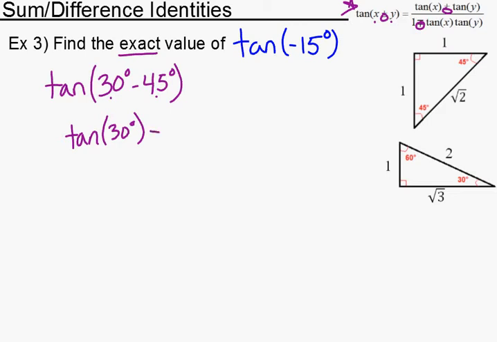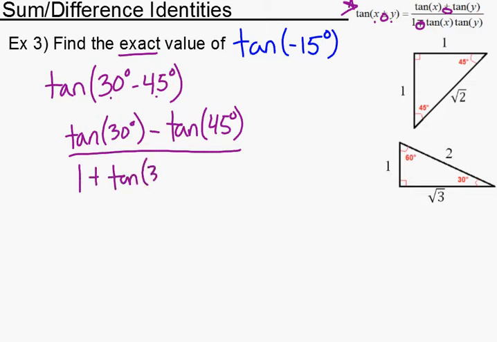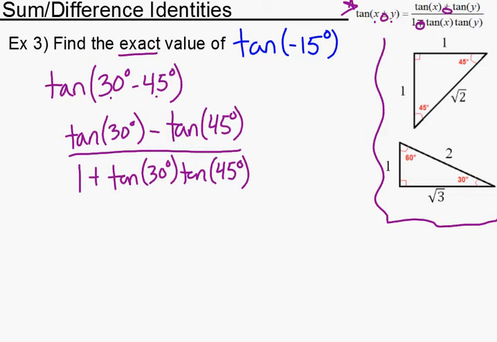So I get minus tangent of 45, all over 1, it's just part of the formula, plus tangent of first, which is 30, times tangent of second, which is 45. And I know all of these values.